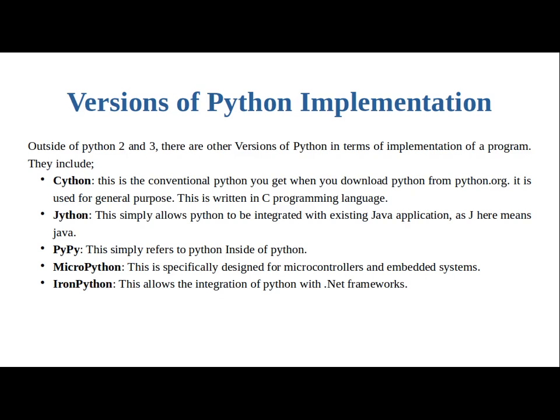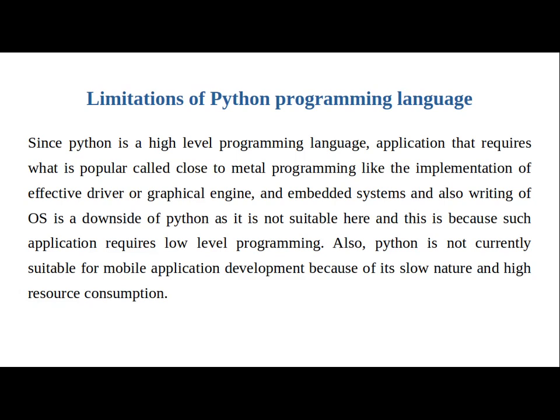So we look at the limitations of Python as a programming language. Whatsoever has an advantage has a disadvantage, right? Python is good for web development. It's good for machine learning, artificial intelligence, and all. But one of the downsides of Python is that it is not good for mobile development, and this is because of its high resource consumption.